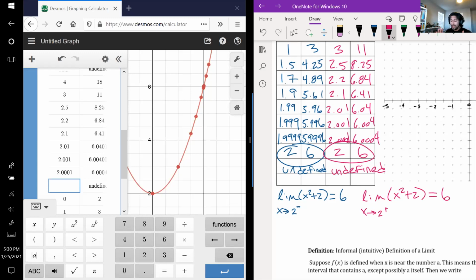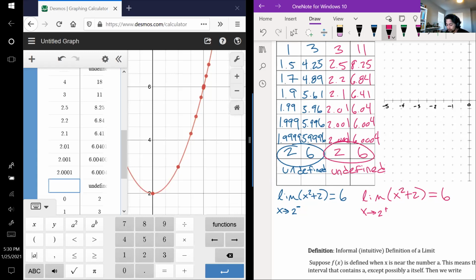So for a limit to exist, the left-hand limit and the right-hand limit must be equal. So are these limits equivalent to each other? Yes. Again, the left-hand limit is 6, the right-hand limit is 6. This means if the left and right are both equal, the limit from both sides at 2 will exist.